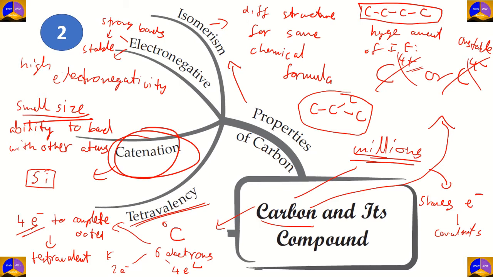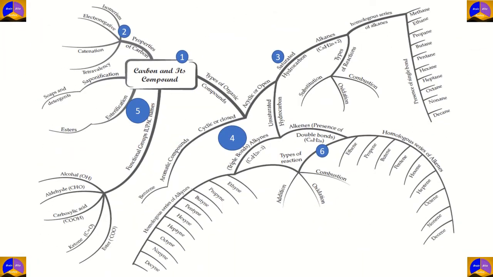Carbon is also extremely good at forming allotropes, which are pure carbon forms with different properties. An example is diamond, which is the hardest mineral in the world. Another example is graphite, which is the only nonmetal to conduct electricity. So these are all allotropes of carbon.